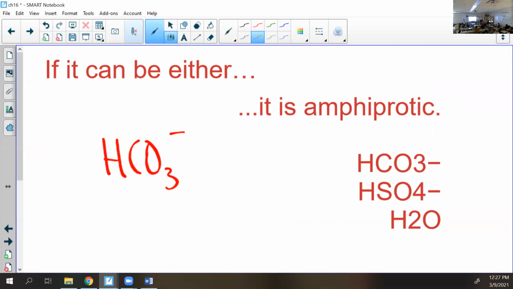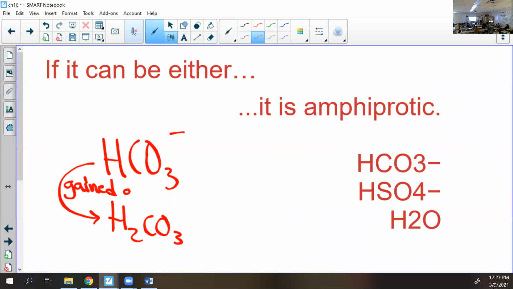Hydrogen carbonate is not how it naturally is found. It's found as carbonic acid, H2CO3. In order for this to become that, what did it do? Gained what? Gained a proton.